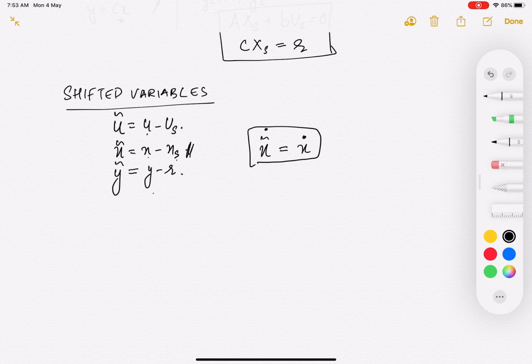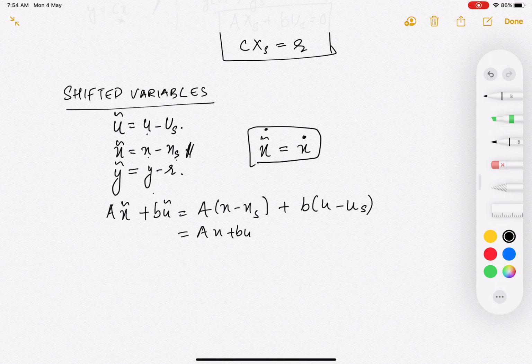Now let us look at a x tilde plus b u tilde. This is going to be a times x minus xs plus b times u minus us, which is going to be ax plus bu minus a xs plus b us.